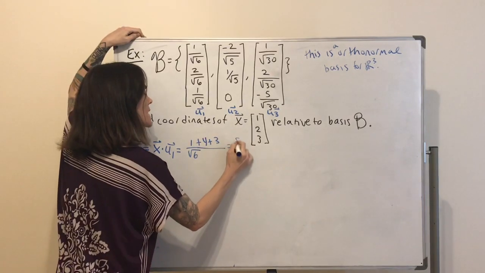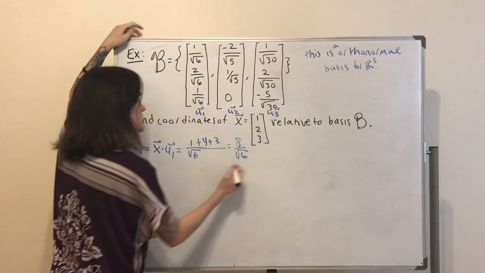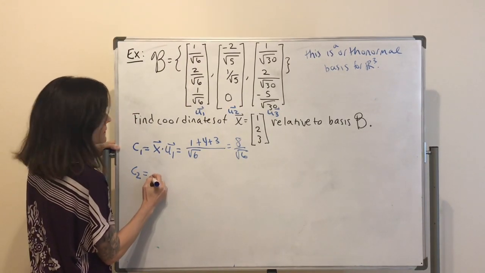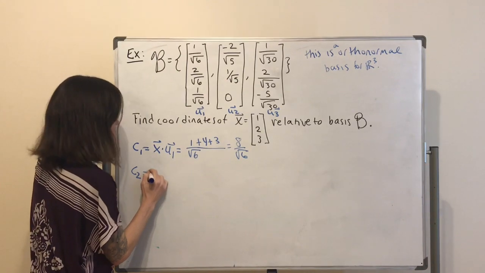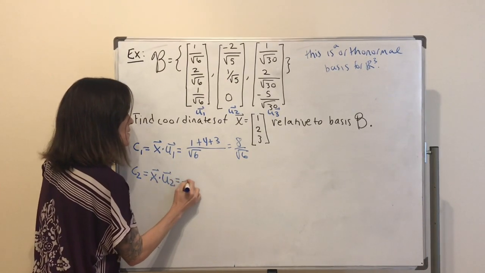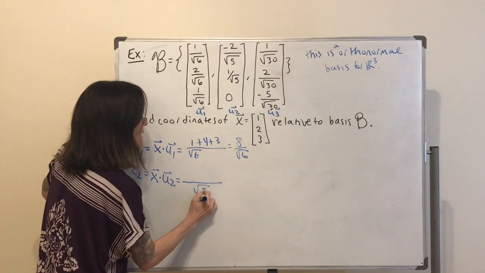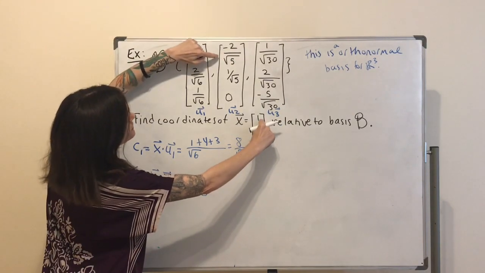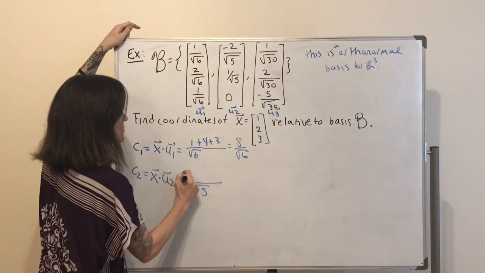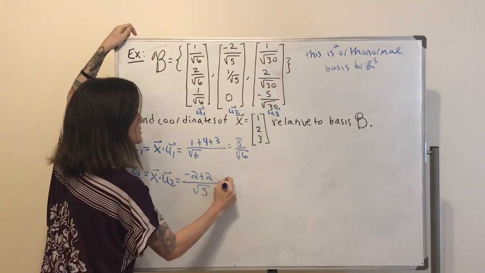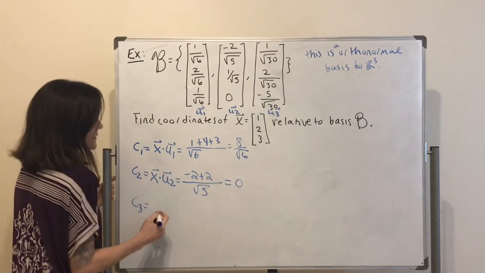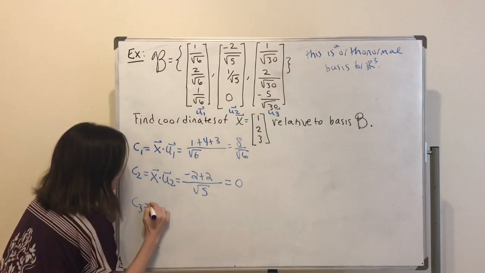We have 8 over the square root of 6. And then C2 is x dot U2. This will be all over the square root of 5. We get minus 2 plus 2. This is just 0. And then C3 is x dot U3.